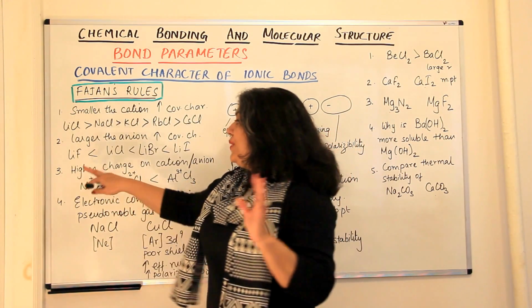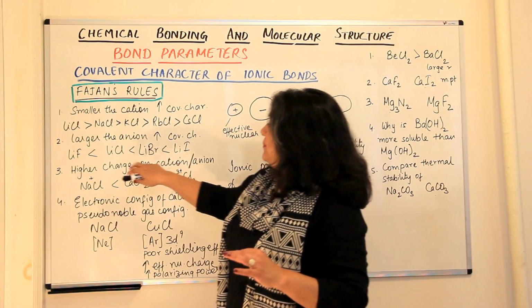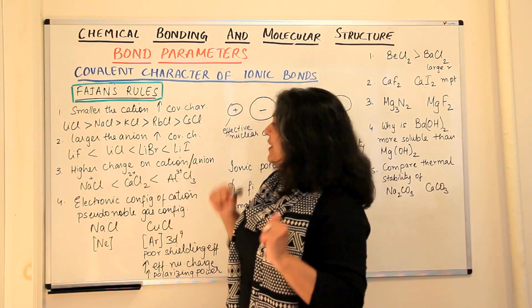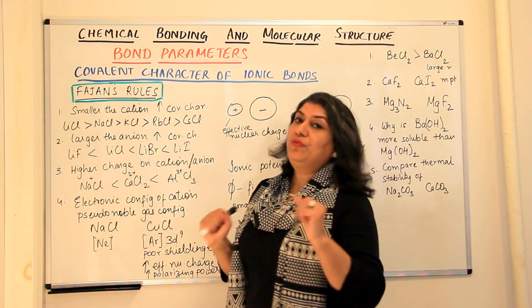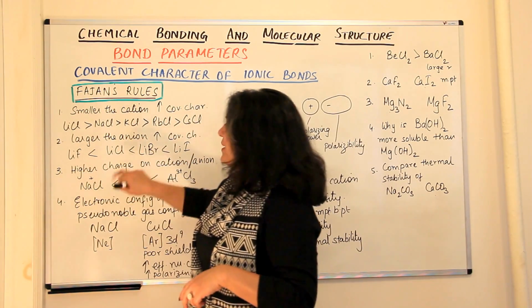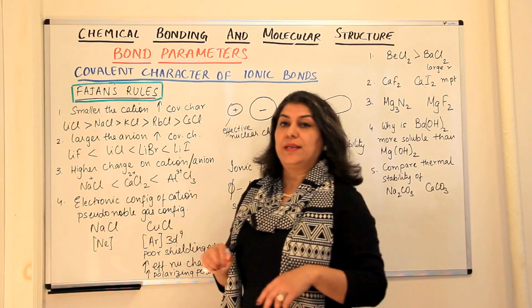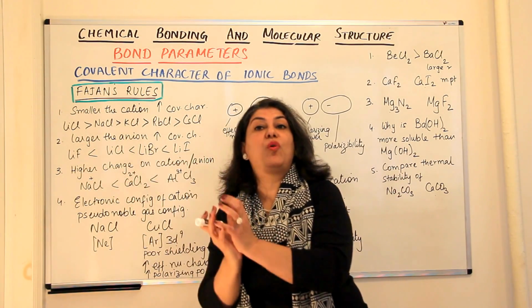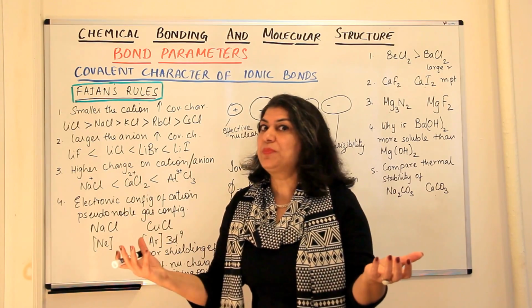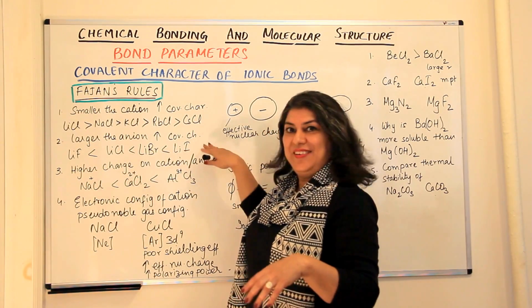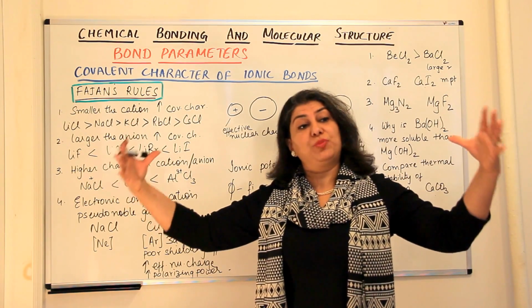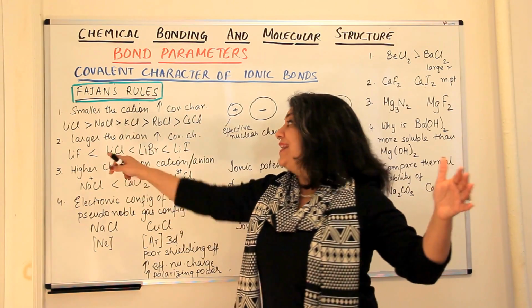So, what do we see if we take the different halides of lithium and compare them? What would you expect? Lithium fluoride, chloride, bromide, and iodide. Iodine is largest in size and fluorine is the smallest halogen. As the size increases, the anion iodine has electrons which are much farther from the nucleus than fluorine.